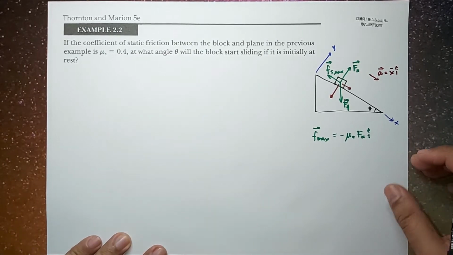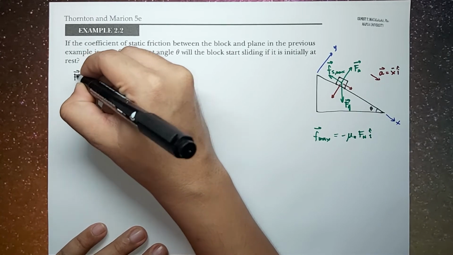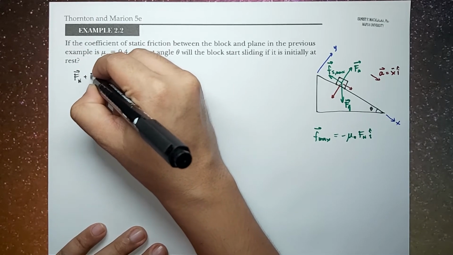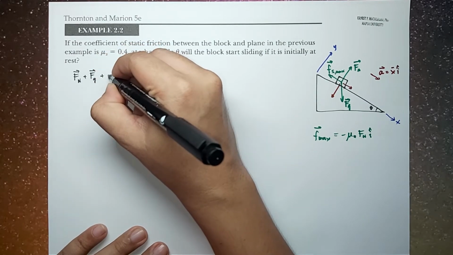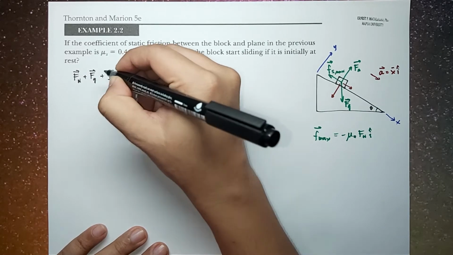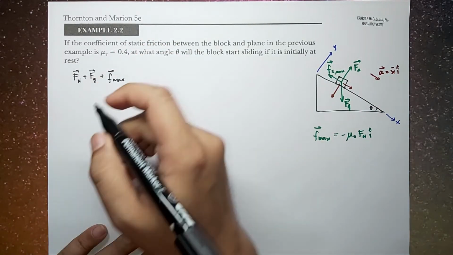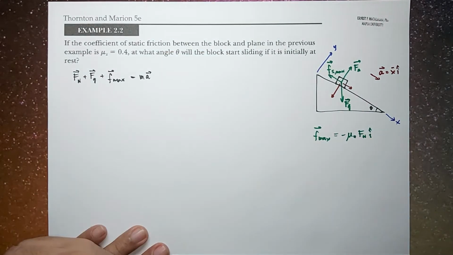Okay, so now applying Newton's laws, the net force will now be equal to the sum of the normal force, the gravitational force, and the maximum static friction before the block starts to move, and is equal to mass times acceleration.